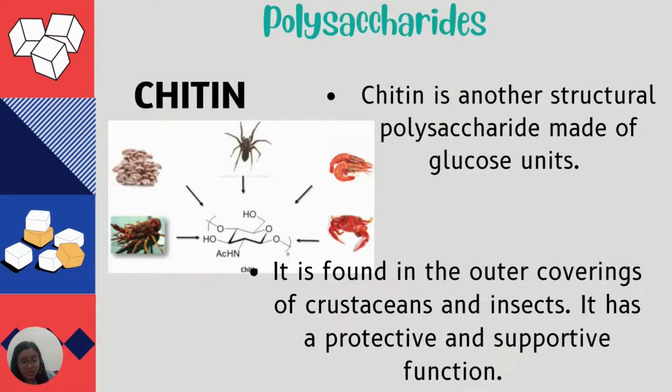Because of its complex structure, chitin is very rigid and inflexible. It is highly insoluble and does not expand in water, making animals with chitin able to survive in an aquatic environment. So makikita siya or present siya sa ating mga crustaceans and insects.